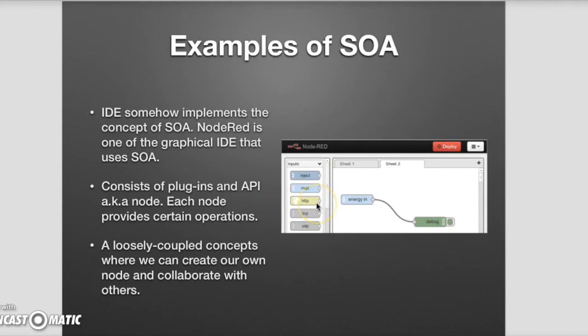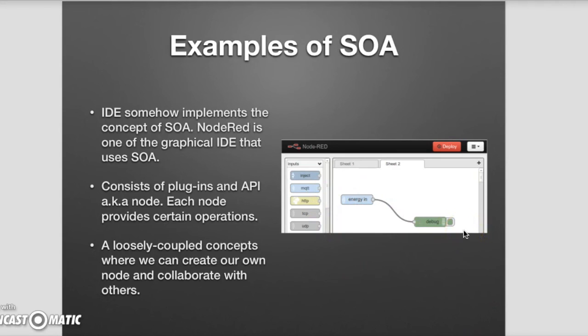So the next example will be an IDE. For now, I will choose Node-RED as an example. Node-RED is a graphical IDE that uses SOA. It consists of plugins and APIs called nodes, as you see here. Each node provides some sort of function. What you do is just drag a node, another node, and connect them.